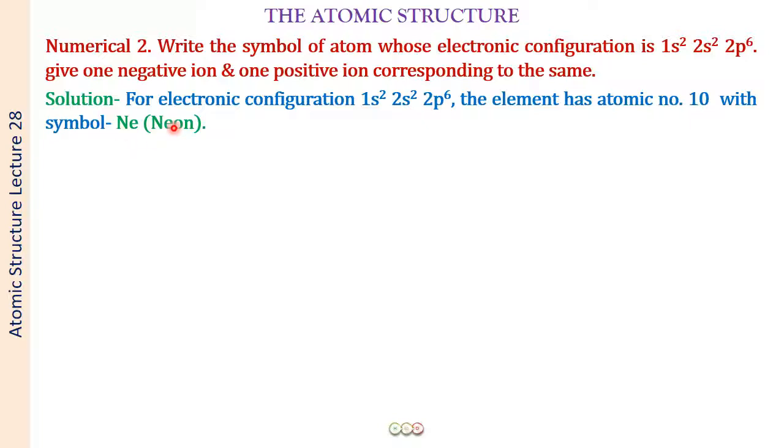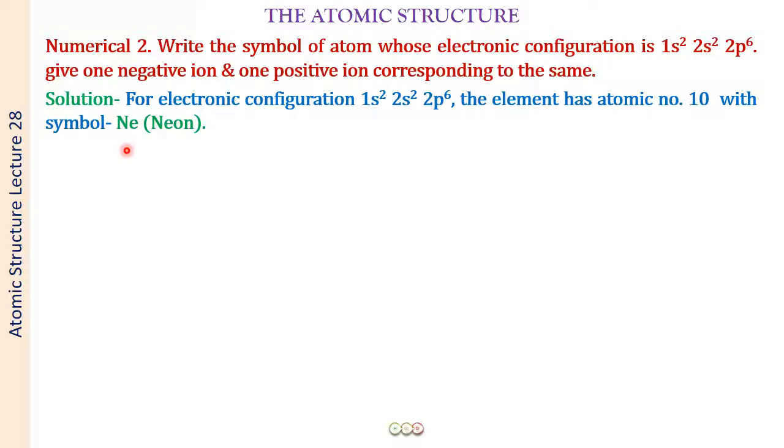That is, the element is neon, right? So that is why I've told you that you have to remember the elements with their atomic numbers till at least 30. And then you have to give one negative ion and one positive ion corresponding to the same electronic configuration. This means that these ions should have the same number of electrons as neon.